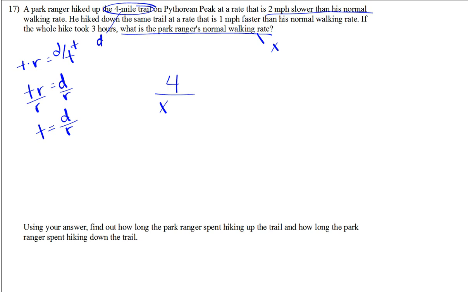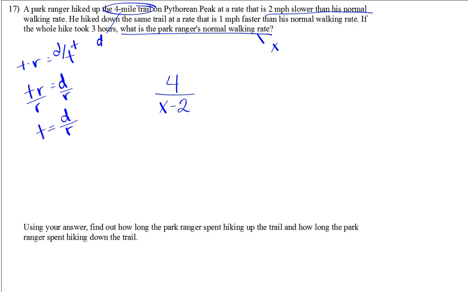If it was 10 miles an hour, it would be 2 miles an hour slower than that, 10 minus 2. So whatever his rate is, minus 2 is his rate on his way up the trail. So that's 4 over x minus 2. When you divide that out, you'll get a time in hours that it took him to hike the first 4 miles of the trail.